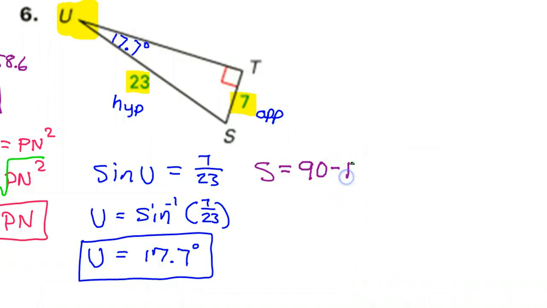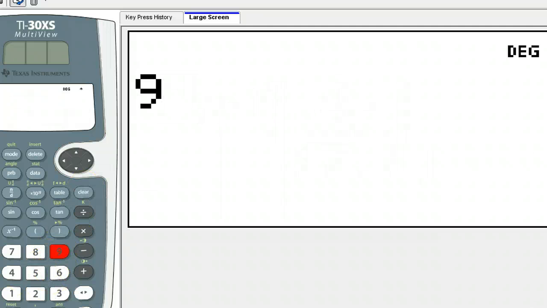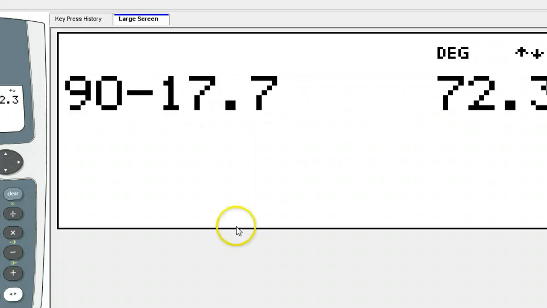So 90 minus 17.7 will give you the measure of angle S. All right, so that's 72.3.